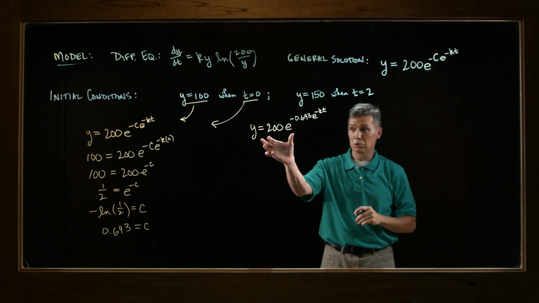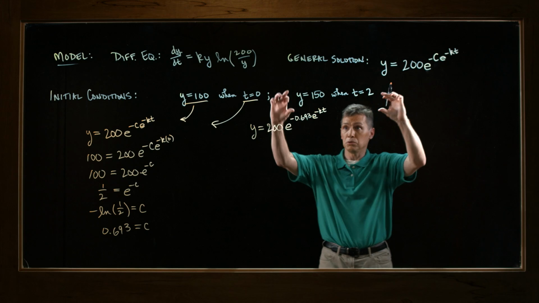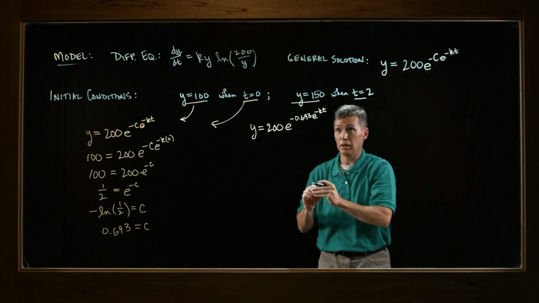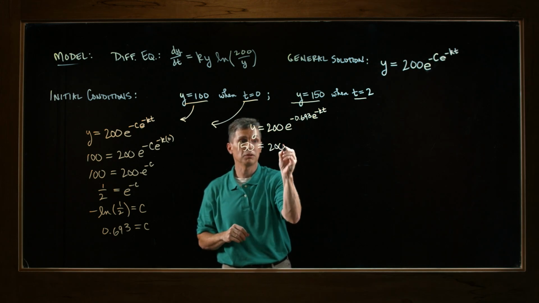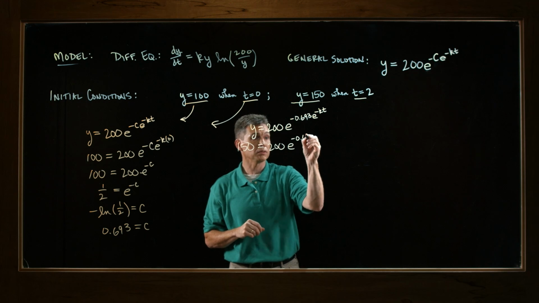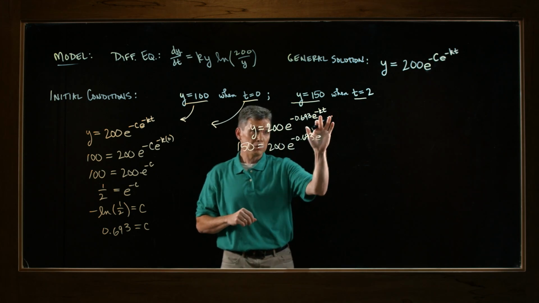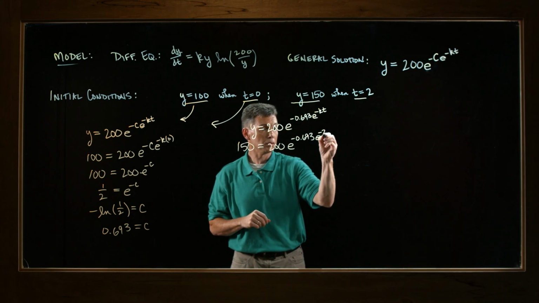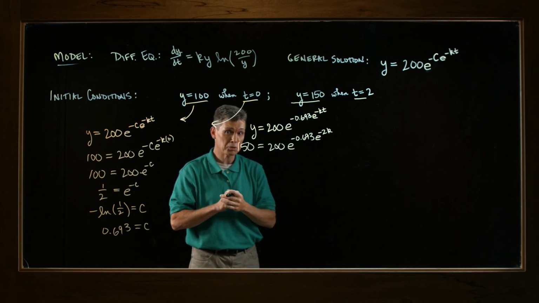That's our general solution with the one value known, and I'm going to use this specific y equals 150 and t equals 2 now. 150 equals 200 e to the negative 0.693 times e raised to the minus kt, t is 2, so minus 2k.